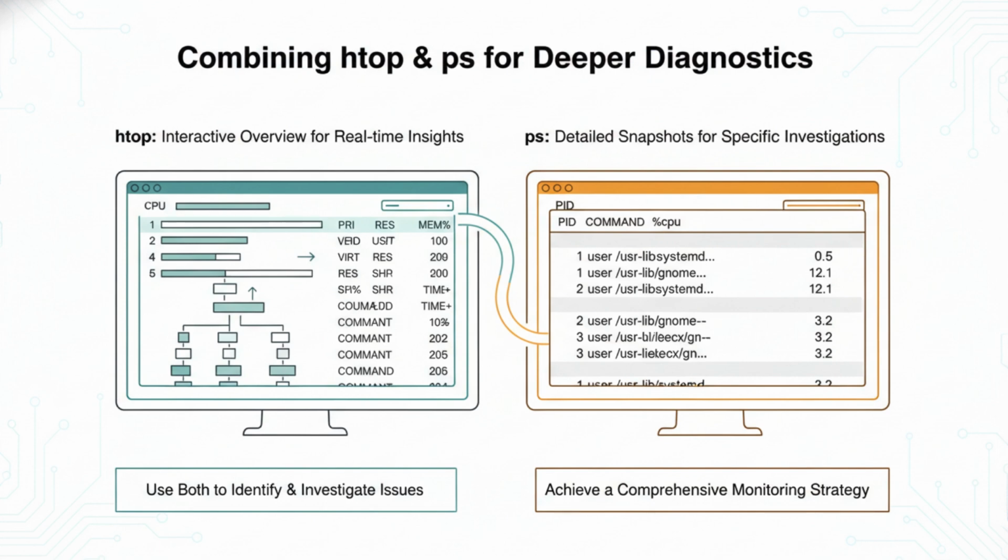On the other hand, ps, with its static nature and powerful filtering and formatting options, is perfect for generating detailed snapshots for specific investigations, historical data collection, or complex scripting. Together, they allow you to identify and investigate issues comprehensively. Use htop to spot a problem, then leverage ps to drill down into the specifics, gather precise data, and troubleshoot effectively. This combined approach forms a robust and comprehensive monitoring strategy for any Linux system.